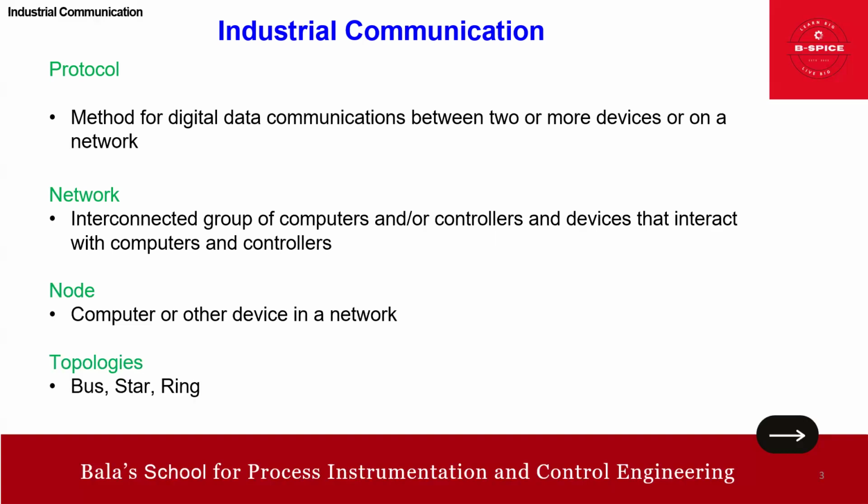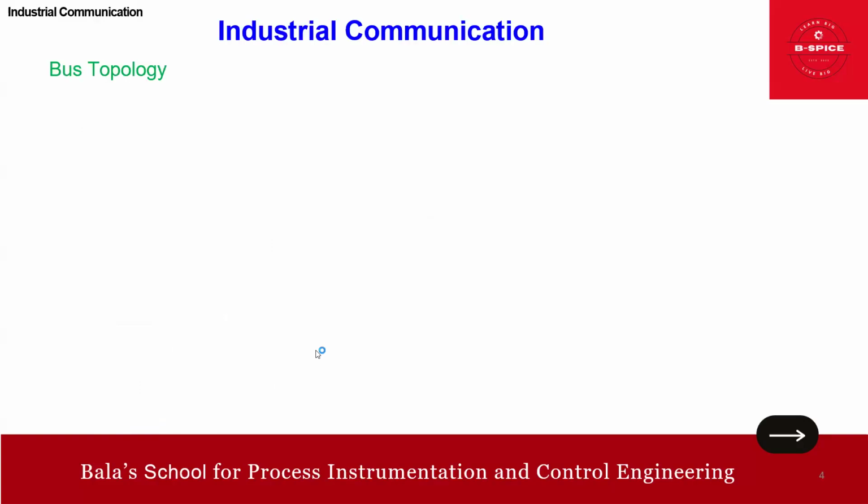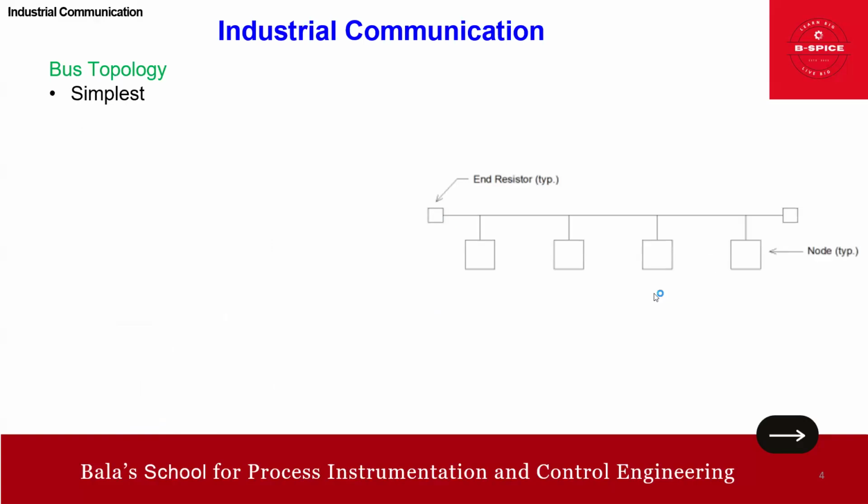Then topology. As we all know, we have three topologies: bus, star, and ring. Even though you take it as a refresher, we will discuss this topology one by one. So, bus topology. This is the look and feel. As you can see here, this is your bus topology. This is the simplest. Note the presence of resistors at the end of the bus. This is the resistor.